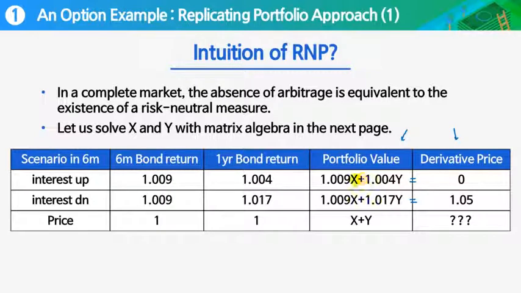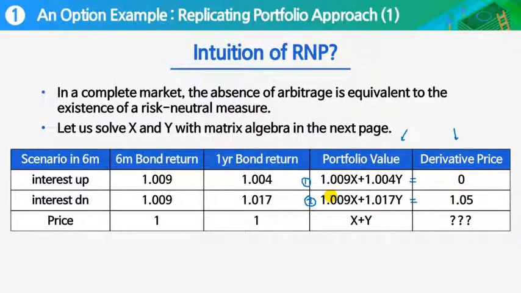So we have two equations, equation number 1 and equation number 2. We have two equations and two unknowns, X and Y, which means that we can solve this equation. We can solve for X and Y.